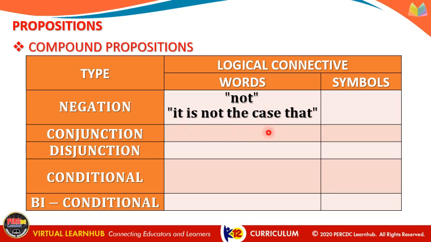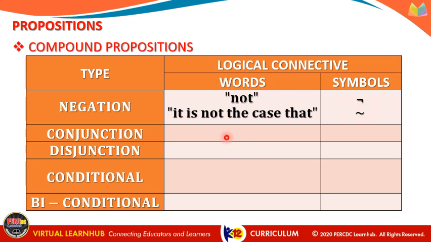So if you want to make a negation, you can just put it is not the case that before the original proposition. Don't worry, we'll have examples later. Now, the symbol that is used for negation is this and this. Most of the time, especially on textbooks, usually this one.